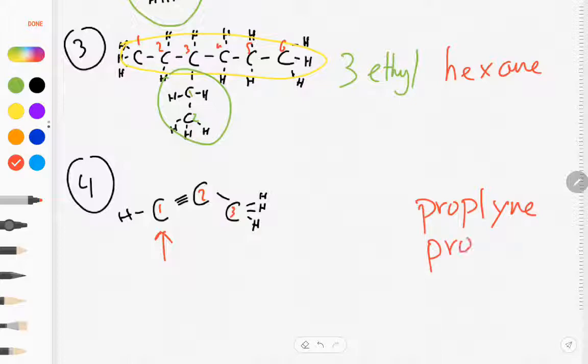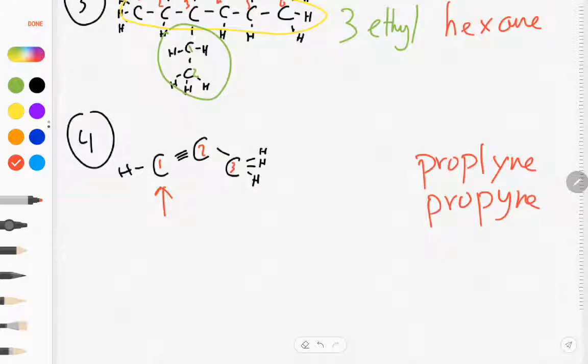So in this case, propyne is a perfectly fine way to name this as well. You don't have to write the 1. If you don't write the 1, it's assumed that it's on 1. If it's not on 1, then you write the number. But for consistency's sake, if you just want to make sure you always have a number there, you can, in this particular case, write prop-1-yne, and that's fine as well. And there are no other substituents hanging off the main chain, so that's the end of that problem.